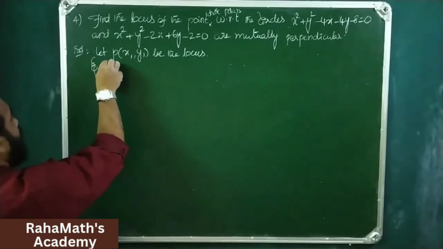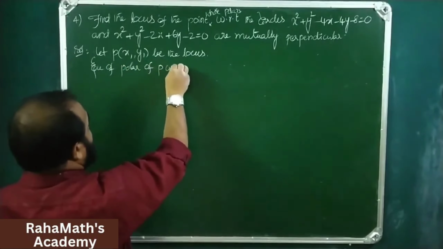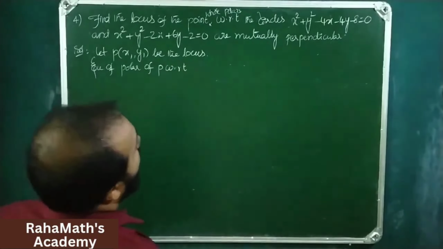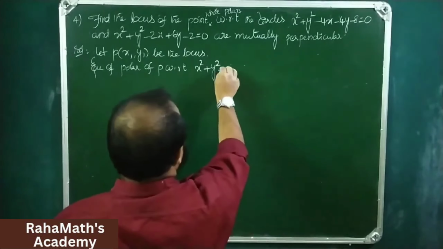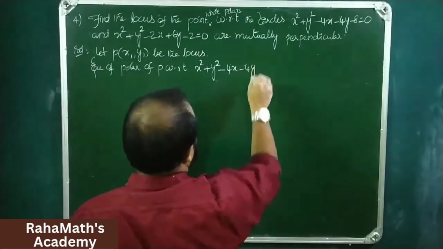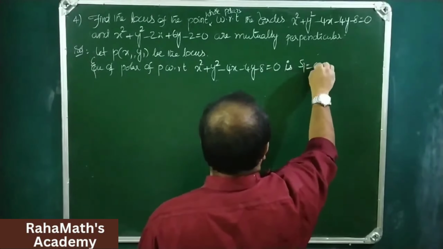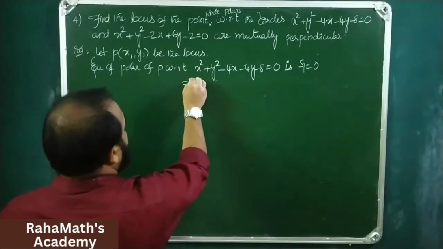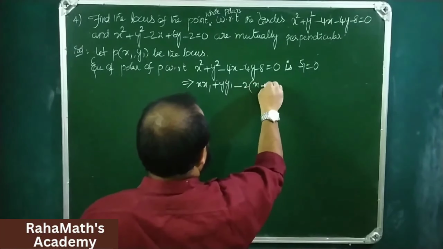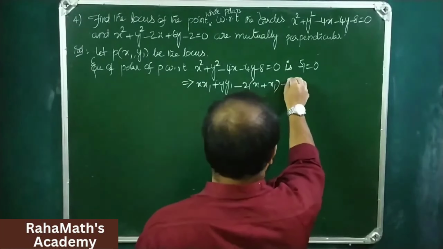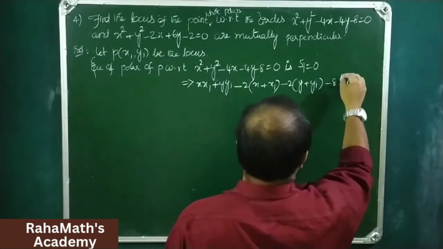So the equation of polar of P with respect to the circle x square plus y square minus 4x minus 4y minus 8 equals to 0 is S1 equals to 0. That means x1 x plus y1 y minus 2 into (x plus x1) minus 2 into (y plus y1) minus 8 equals to 0.